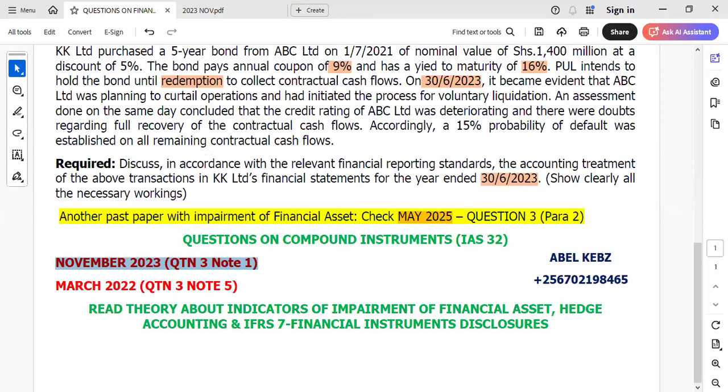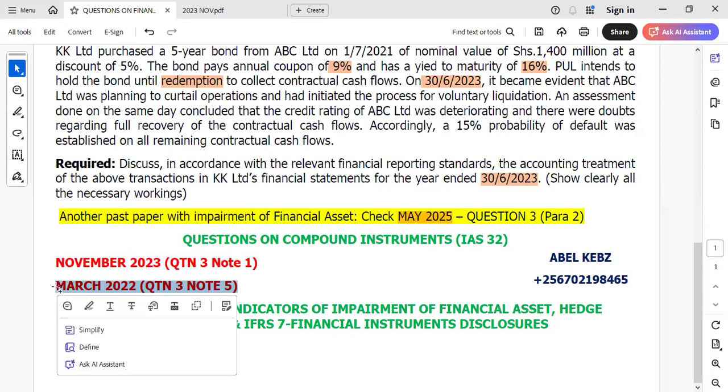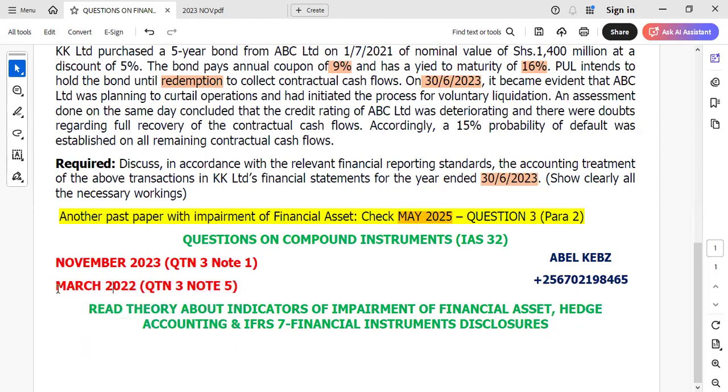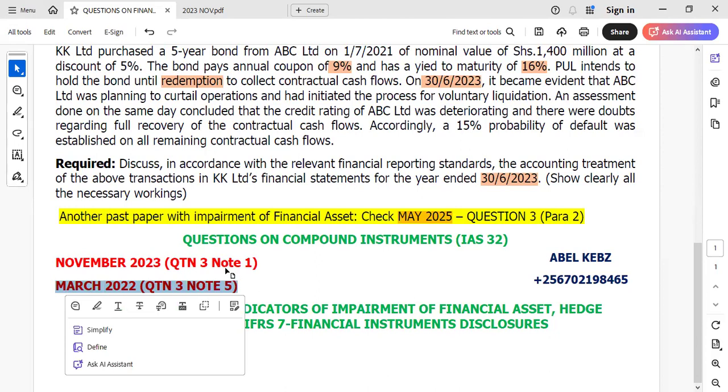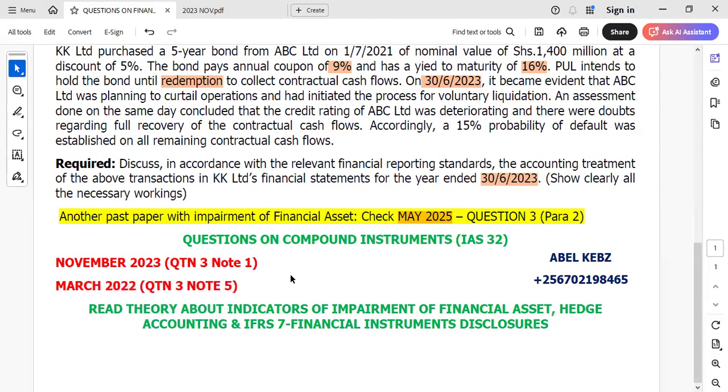In that process, you fail to manage time during the exam period. So it's good as we try these numbers, we time ourselves. So go and try March 2022, question 3, not 5. It was also still on conversion. Use the same steps.